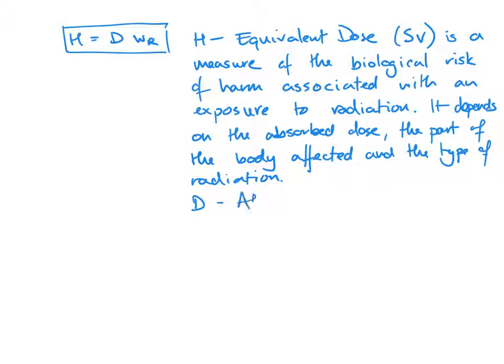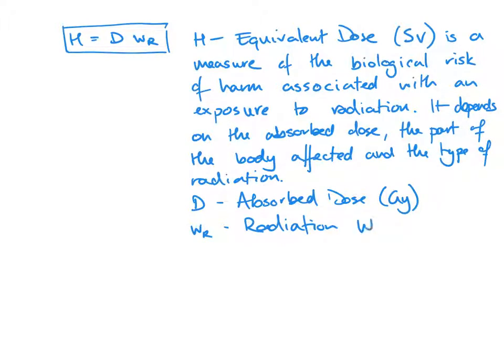So D is our absorbed dose that we've just defined. It's measured in grays. And WR is known as the radiation weighting factor. And it's quite unusual in physics. It doesn't actually have any units. It's a dimensionless number.